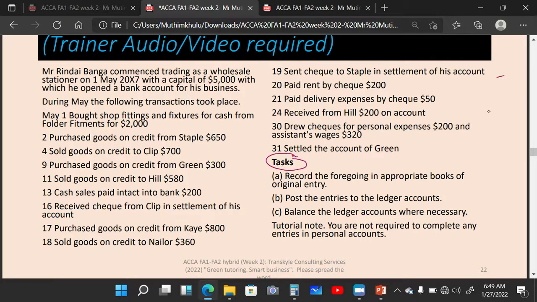And we said that we have got the cash book, the petty cash book, we've got the sales day book, the purchases day book, and the journal.